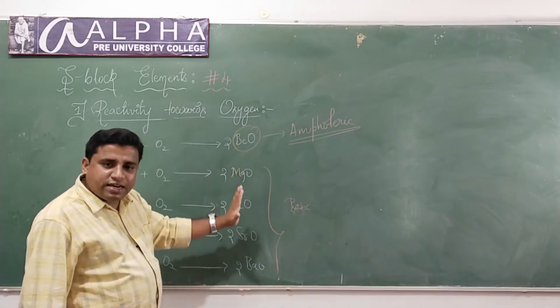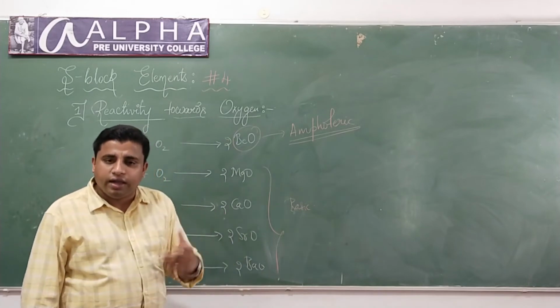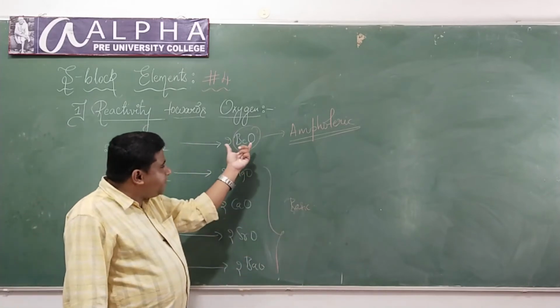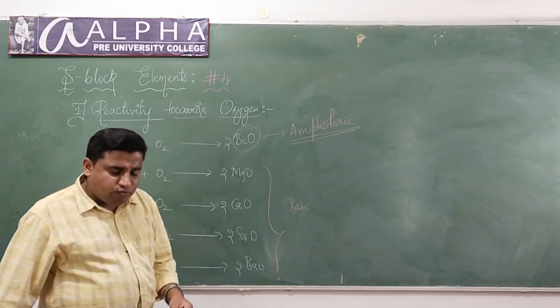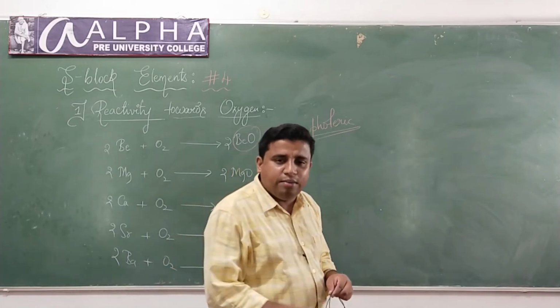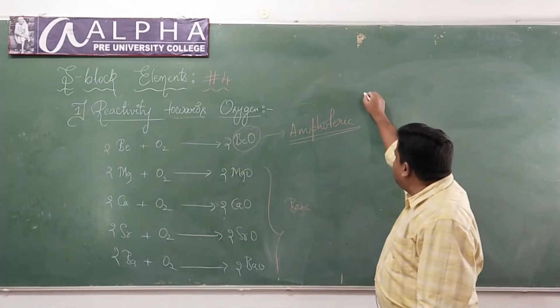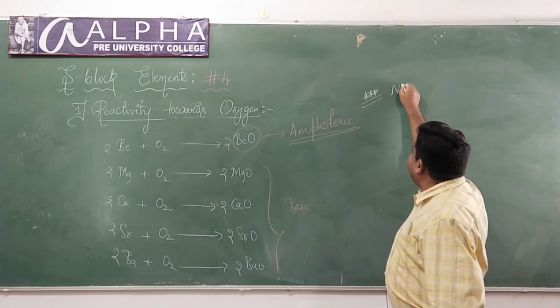Now, let us understand the reactions of these oxides with acids and base. All these oxides are basic in nature except beryllium oxide, which is amphoteric in nature. Only few elements will form amphoteric oxides. Which are those elements? Look here, note this point, again for NEET.